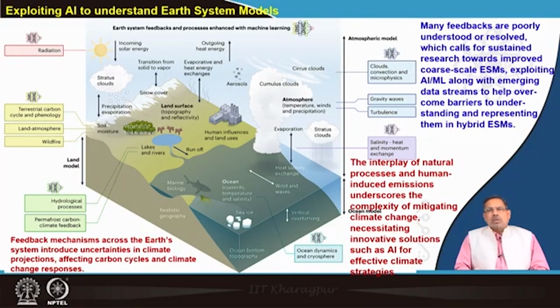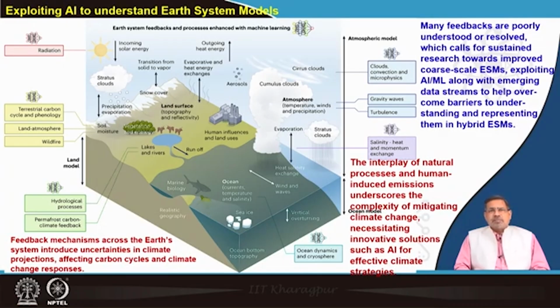Moving on to the Earth system models. Friends, all of us know that a lot of data are needed in terms of the Earth system model. What is the Earth system model? In this depiction, we can try to understand the different components of the Earth system that have been represented.